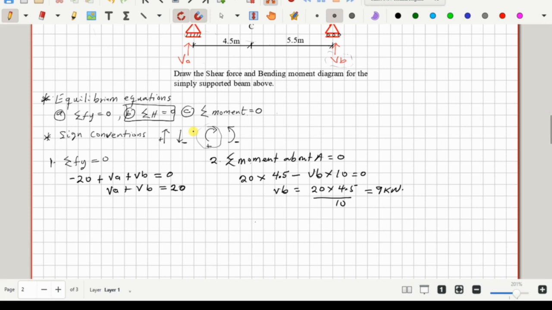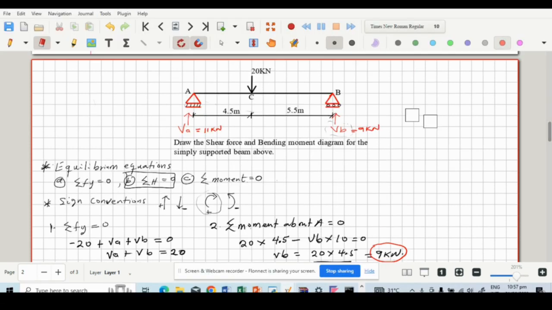Right. So once we have the value of our VB, we can slot it into the first equation, which was VA plus VB equals 20. So that means our VA is 20 minus 9, and that will give us 11 kilonewton. Right, so this implies that at A we have a vertical reaction with magnitude 11 kilonewton, and then at B we have 9 kilonewton.